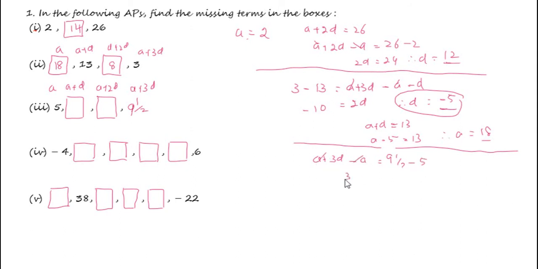So 3D equal to 4.5, therefore D equal to 1.5. D equal to 1.5. So this is 5. 5 plus 1.5, 6.5, plus 1.5, 8. Then this is 9.5.